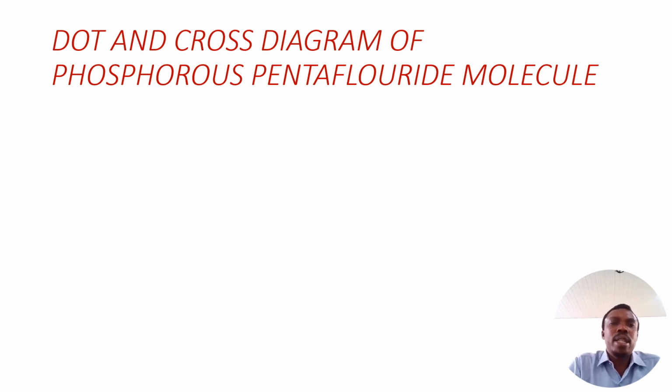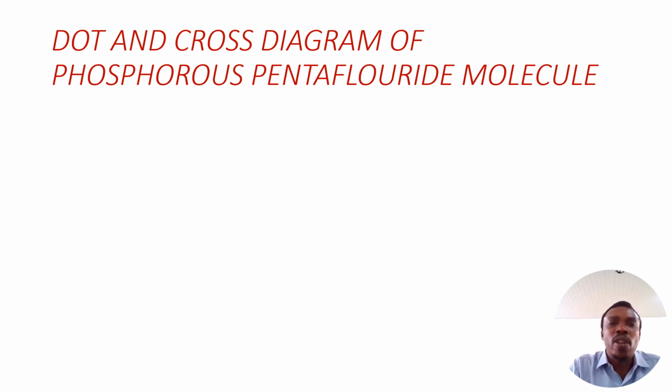We're going to look at the dot and cross diagram of phosphorus pentafluoride molecule. In the formation of covalent bond in phosphorus pentafluoride molecule, there is a deviation from the octet rule. We have more than 8, which is expanded octet or maximum.